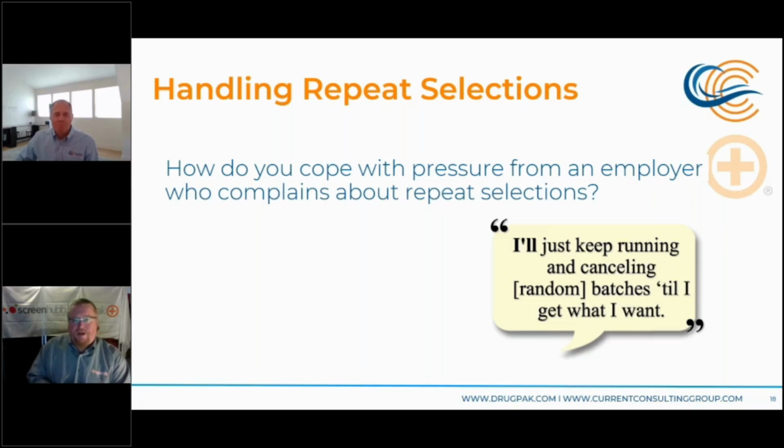Yeah. So the next several slides are really going to focus on how to handle repeat selections. There isn't a silver bullet. Repeat selections are complex, and they can involve issues about the perception of randomness, and technical factors influencing multiple selections, like our doppelganger before.